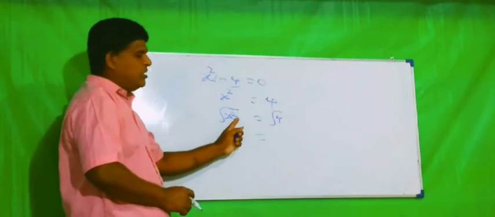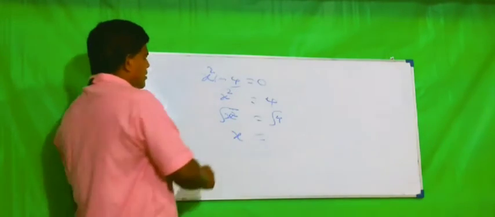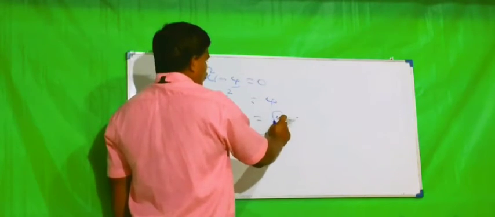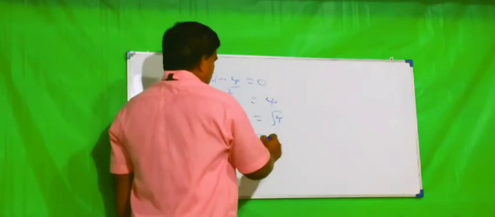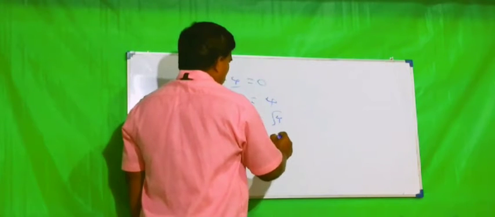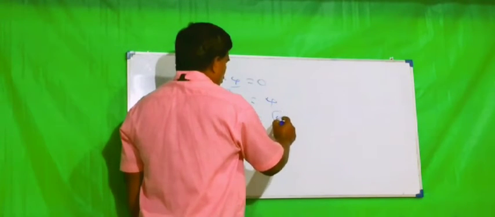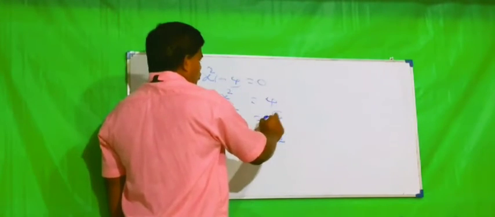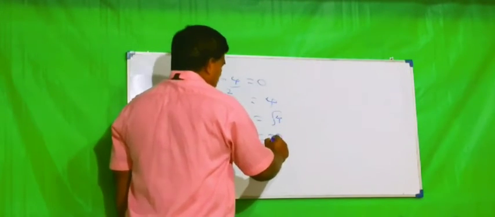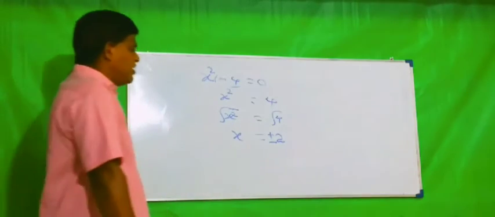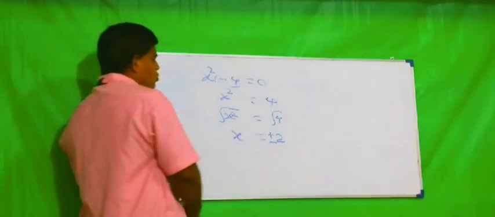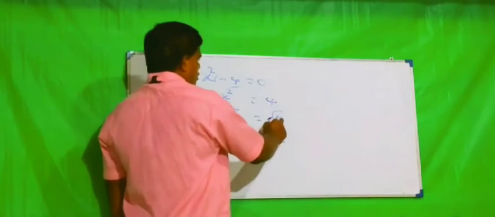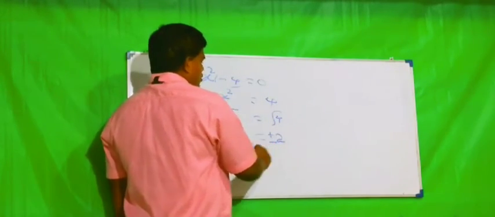On the right side, the square root of 4 is normally taken as 2, but actually the square root of 4 here should be plus or minus. So there are two values for x here, because the square root of 4 is plus or minus 2.